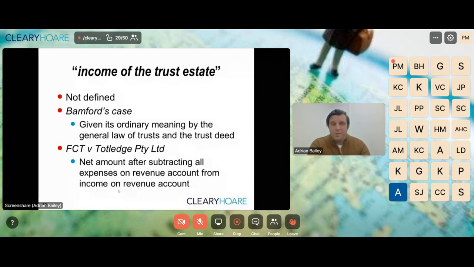On that point, most deeds from about the 90s will adopt the Section 95 income definition. However, if you have a deed that's older than that, you should definitely have a look at it. I mean, you should have a look at all of them to make sure. But if it's earlier than the 90s, definitely have a look at how they define income, because you will see some strange and wonderful definitions of income there, if it's defined at all.